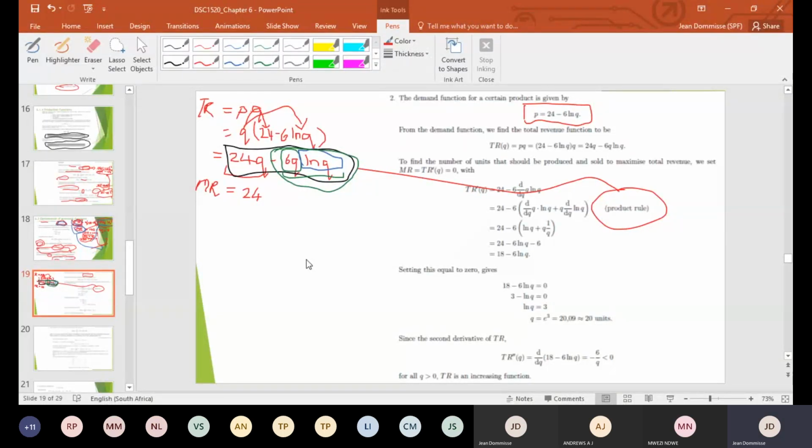Just a quick thumbs up if you are seeing the one that we are currently working on, so that we can go back and quickly go through that example. So you are seeing again the 24 for the marginal revenue. Okay, awesome.